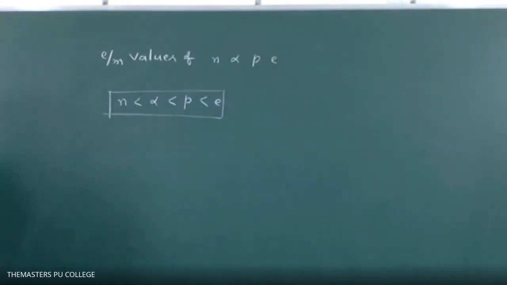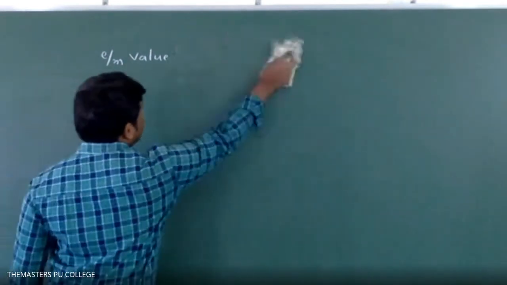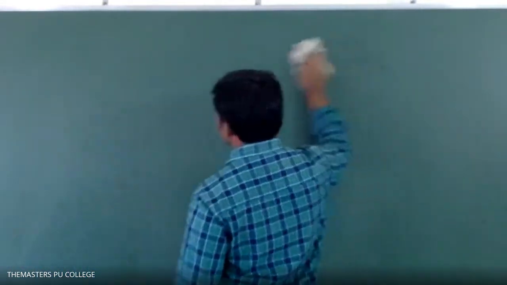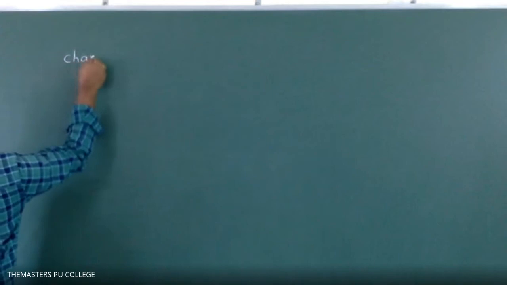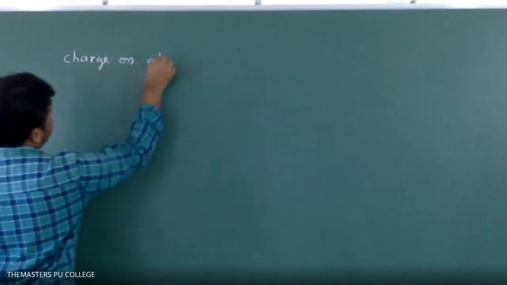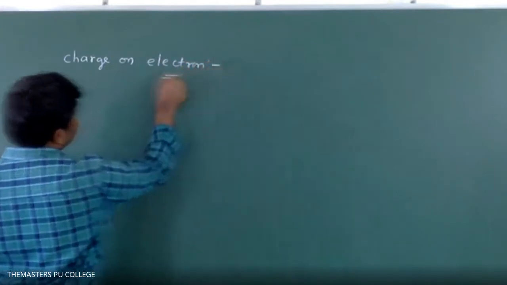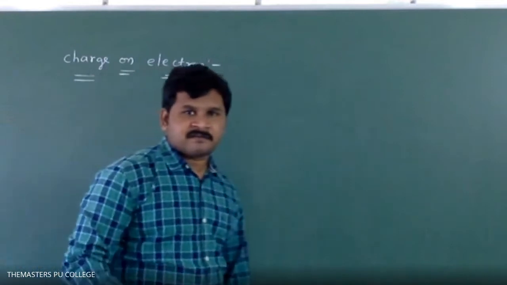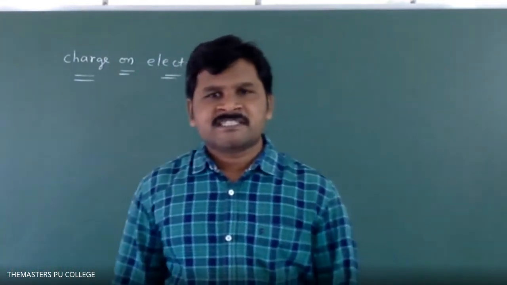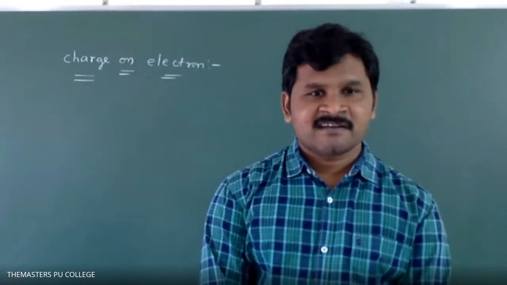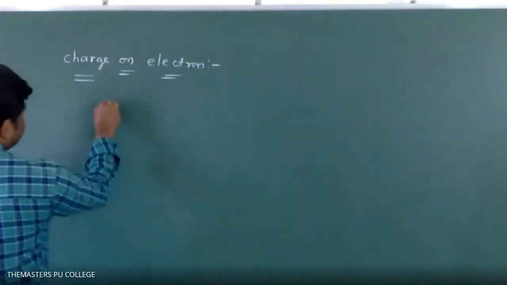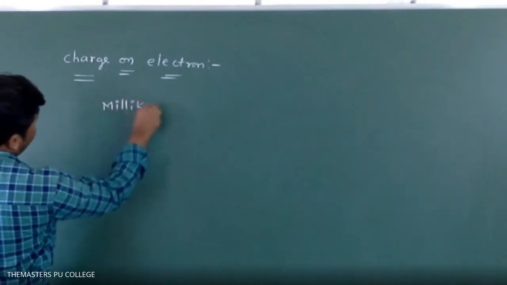Charge on electron. Later you write the key points I will write on the board. The charge on electron was given by the scientist Millikan.